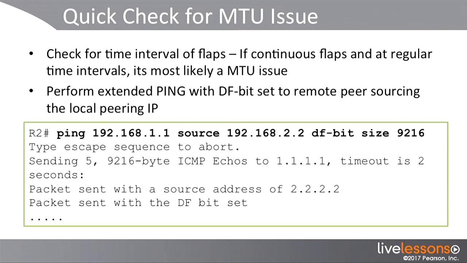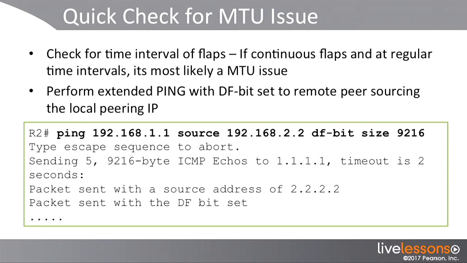If the ping goes through, your MTU is fine. But if the ping does not go through, you need to verify your path for the correct MTU configuration on all the hops. It might be possible that one of the hops was misconfigured or missed being configured with the correct MTU value.